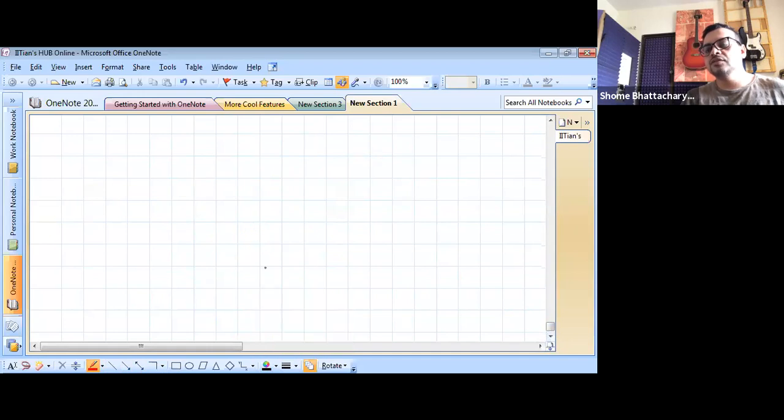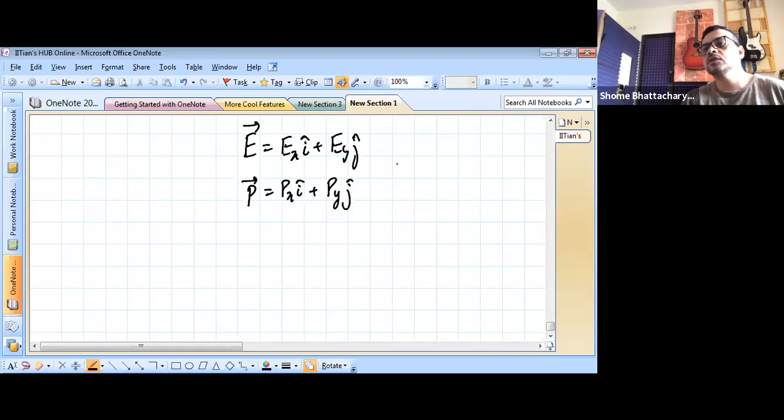So I have electric field which is two-dimensional, and the dipole moment which is also two-dimensional. Okay. And Ex and Ey are non-uniform quantities.